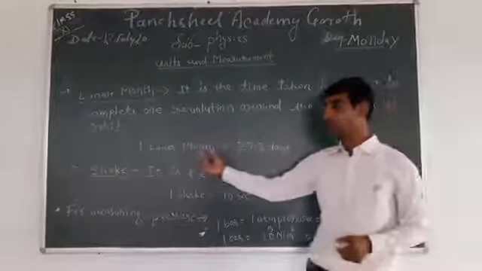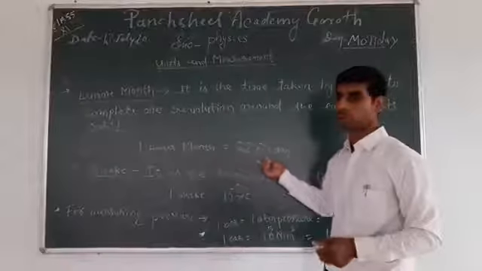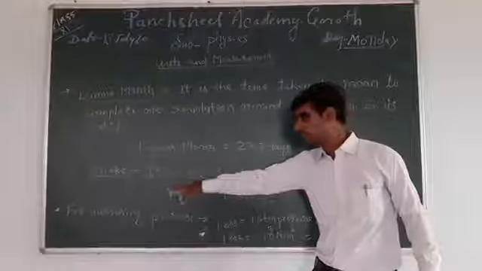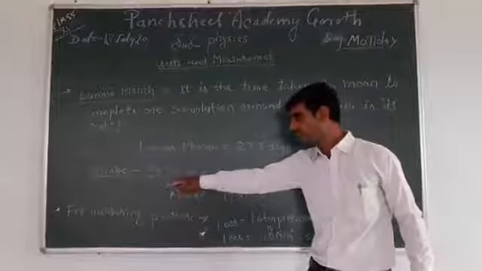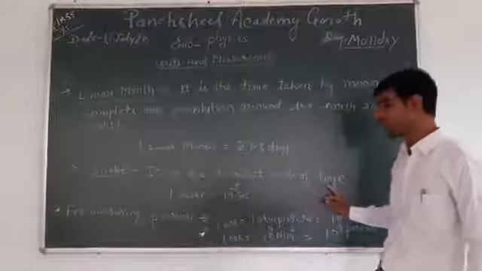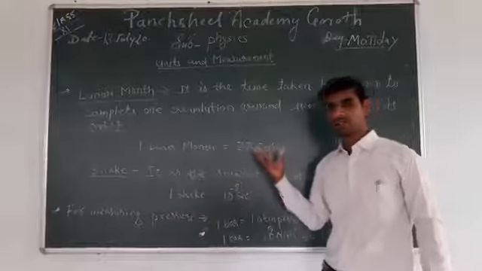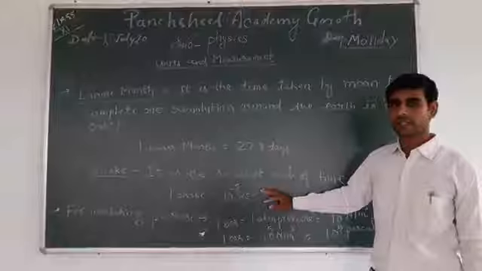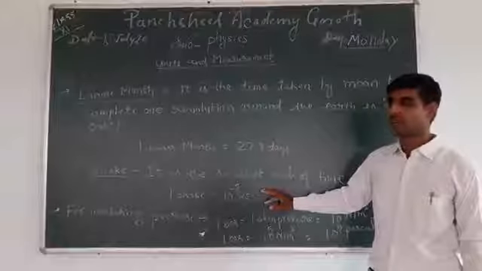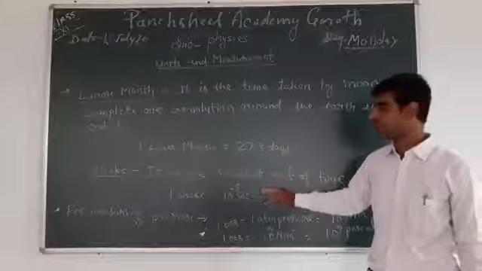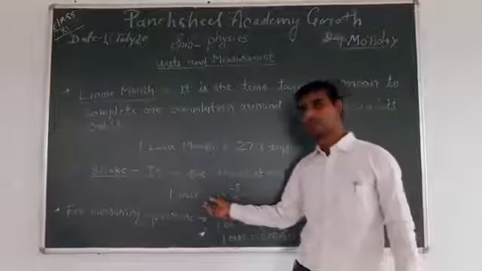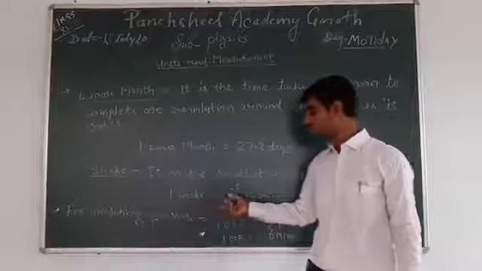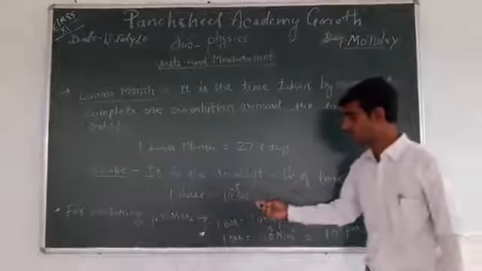One lunar month equals 27.3 days. Last, shake. It is the smallest unit of time. Just like the smallest unit of mass is the atomic mass unit, in the same way one shake is the smallest unit of time. So one shake equals 10 to the power minus 8 second.